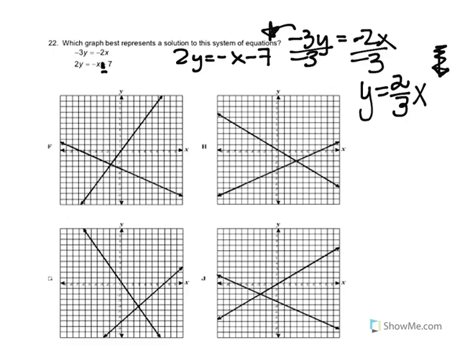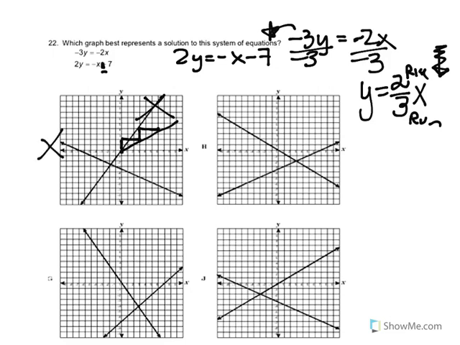So let's look at the letter F. Does this one have 2/3? This is the rise over run. So I'm going to pick a point right here and go 2/3. Okay, well that's wrong, because this one looks like it has 3/2 slope, not 2/3.